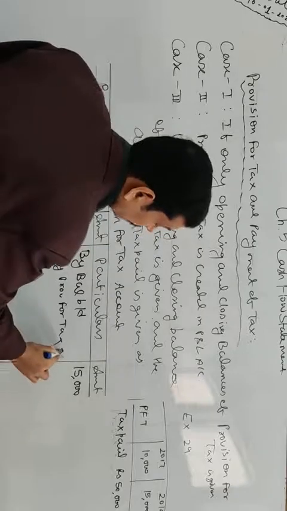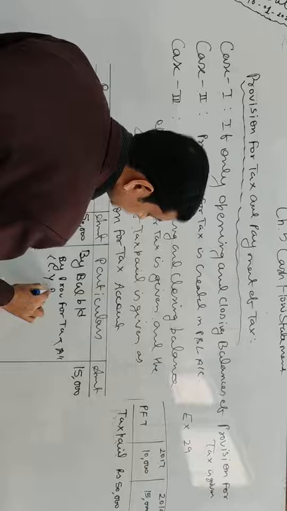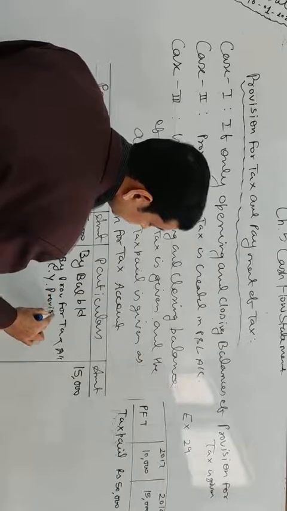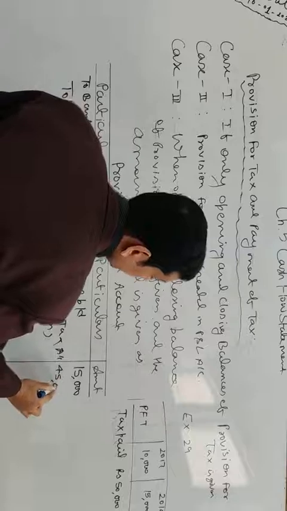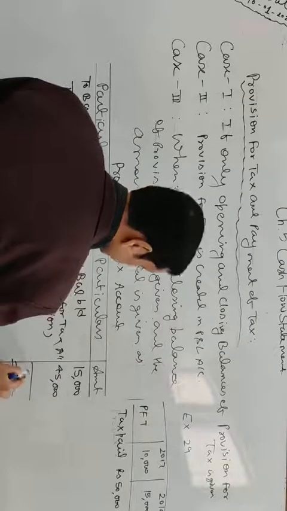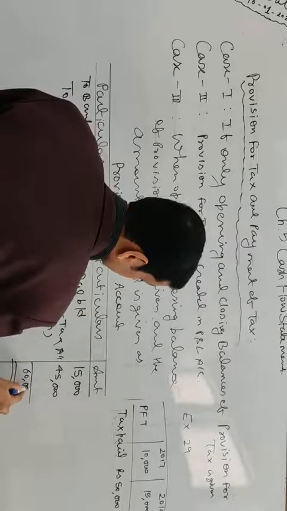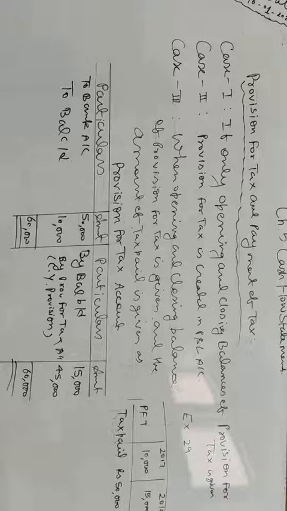Clear? Now what is this amount? This is current year provision, and this is added back in your NPBT. Clear? In this way, you will calculate the amount of current year provision or sometimes the amount of tax paid.